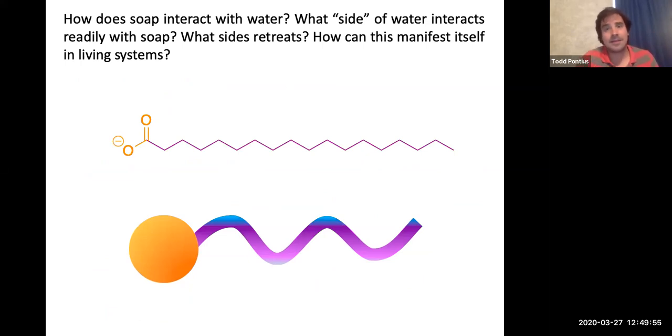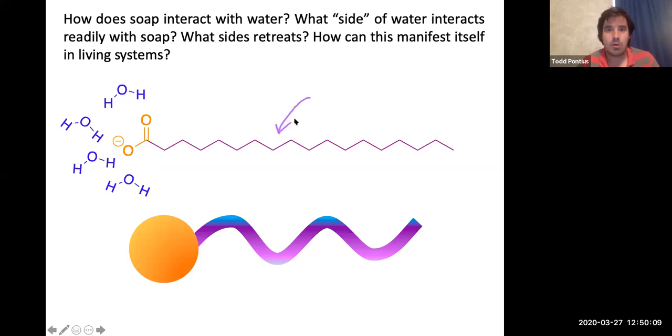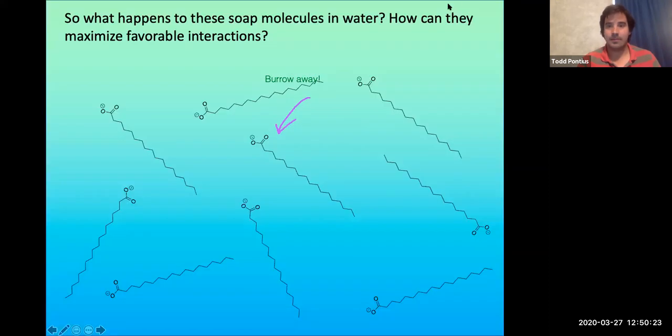The way that this manifests itself in living systems and in water is the water will swarm around that end, and then our nonpolar end will burrow away. So it doesn't make much sense. It can't really burrow if there's only one of them. But if we have a lot of these molecules together, this is what they end up doing.